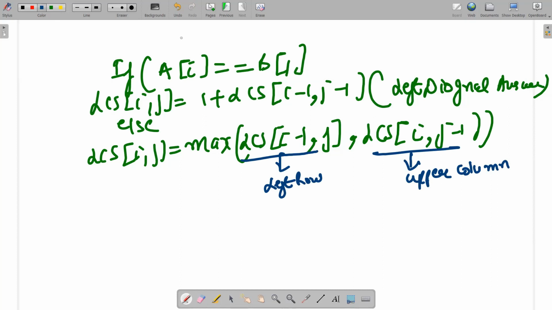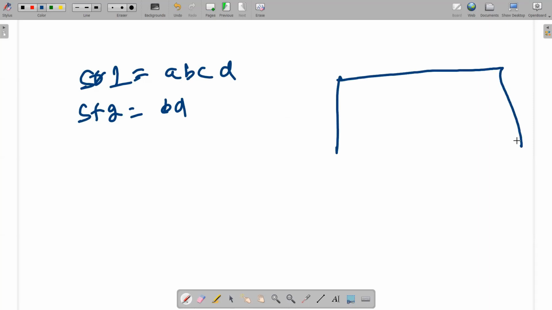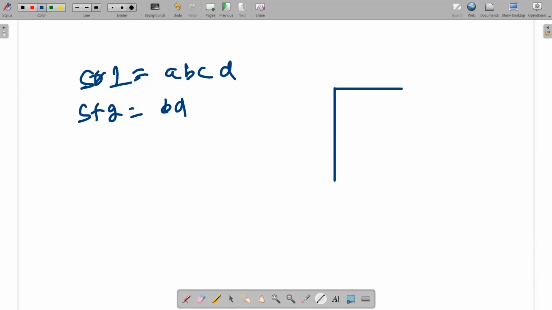Now we have two strings. I'm taking string number 1 as ABCD and string number 2 as BD. I am creating a table in the form of dynamic programming. Since, as I told you, dynamic programming is a way in which the problem can be solved using tables, I'm creating a table for the same.